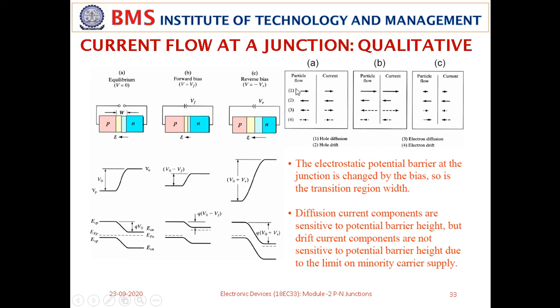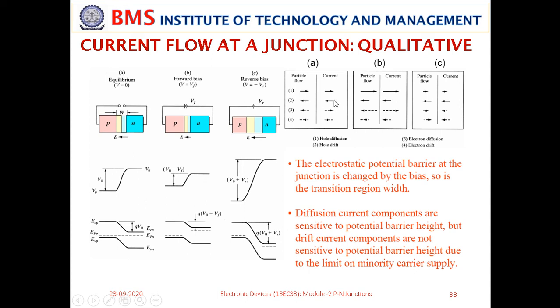We know that the thick line indicates hole, and the dotted lines indicate electron. Now you need to tell me in the upcoming class whether the first row in all these 3 boxes is for diffusion or drift. Those things you just point out and come in the next class.